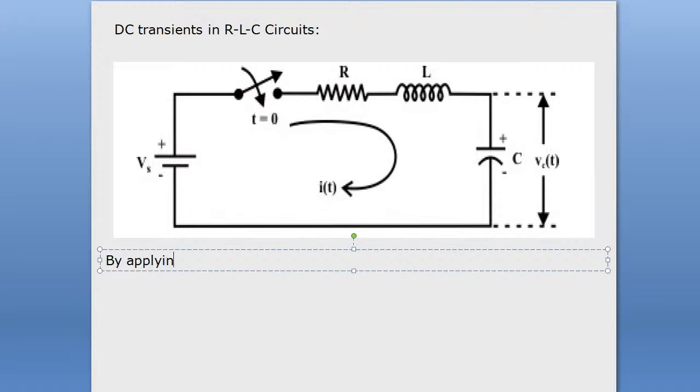Okay, so now let me write the Kirchhoff voltage law. Everyone write the Kirchhoff voltage law equation for this circuit yourself.